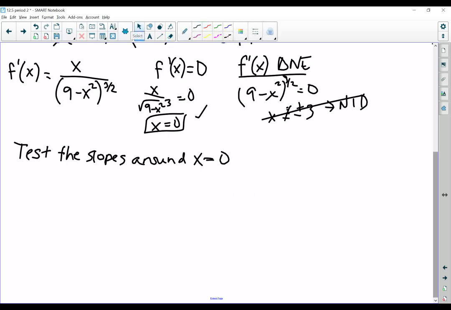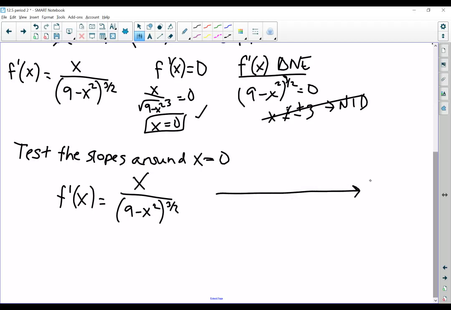So I'm going to test the slopes around this x equals 0. And when I do that, I'm going to make a sign test. Now we remember sign tests from Math 4, okay? I know that certain teachers do sign tests different ways. Okay, I'm going to do a number line sign test. So here's what I'm going to do. Let me look at f prime and see what's happening here.